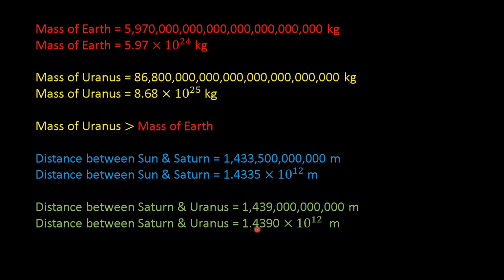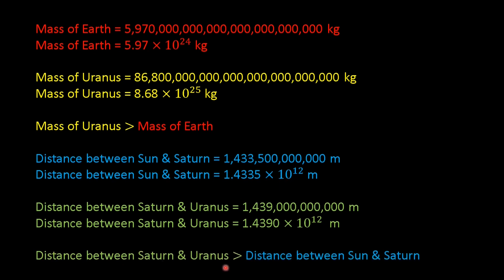Since 1.4390 is greater than 1.4335, we can easily say that distance between Saturn and Uranus is greater than distance between the Sun and Saturn. So you will see that it has become easier now to compare between the two large numbers. So this is the beauty of writing very large numbers in the exponent form or in the powers of 10.